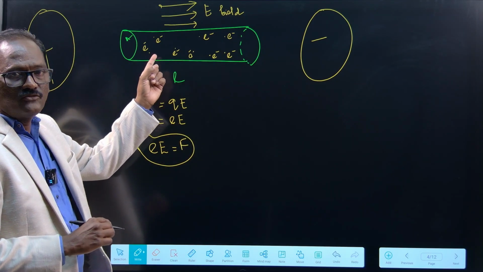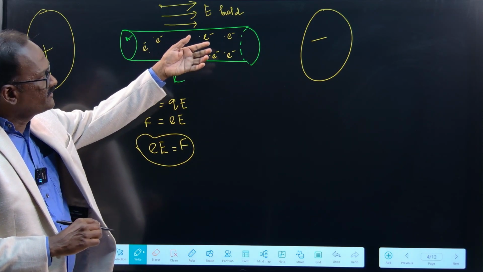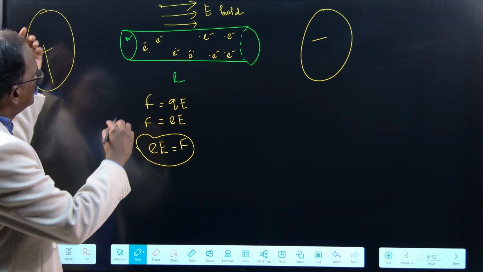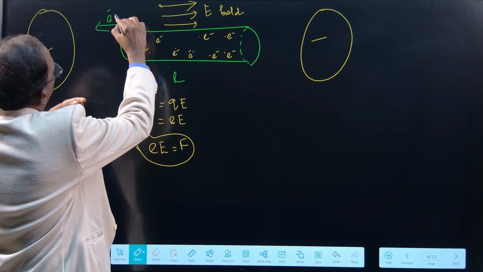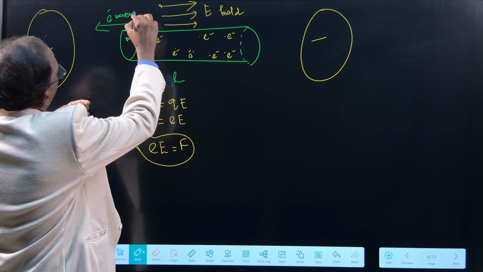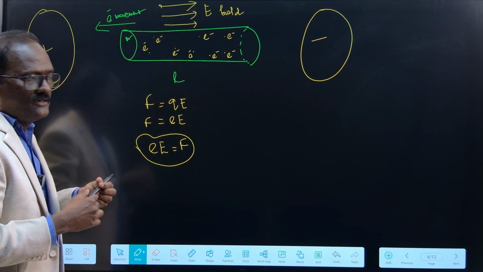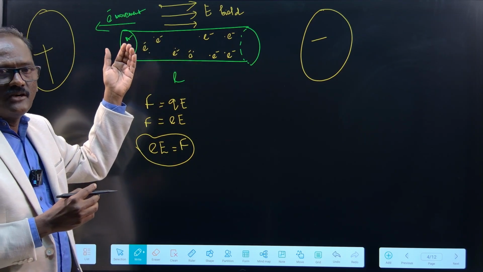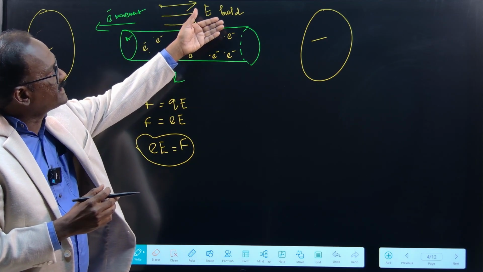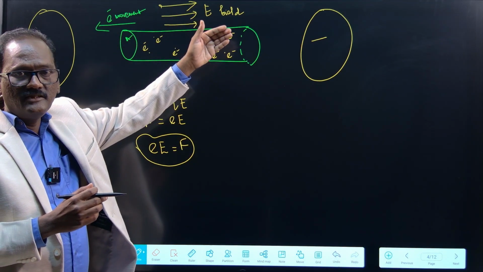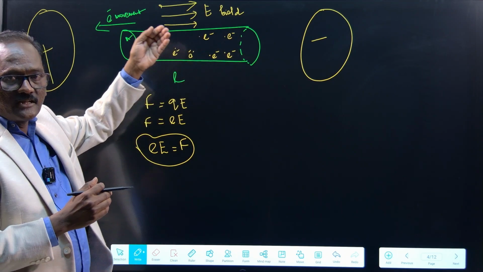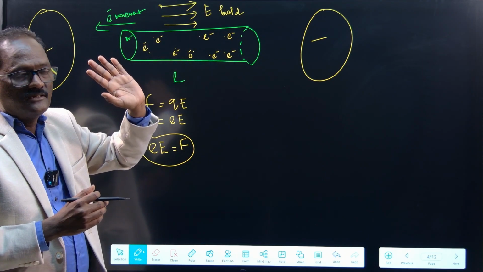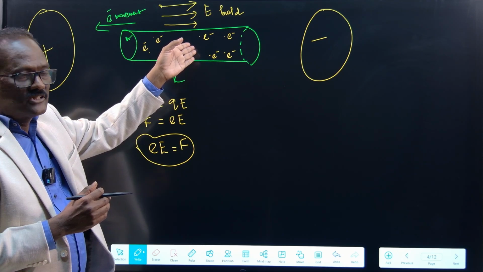So a force is now available here. This force will pull all the electrons to this side. Why is it moving this way? Opposite to the direction of the E field. Electrons always move opposite to the direction of the electric field because they are negative charge carriers.